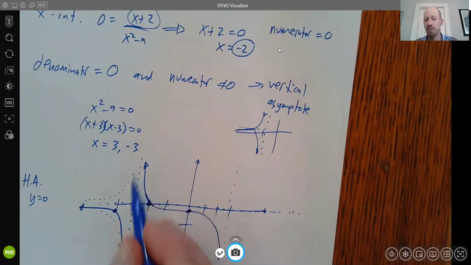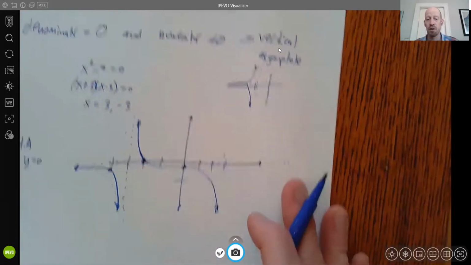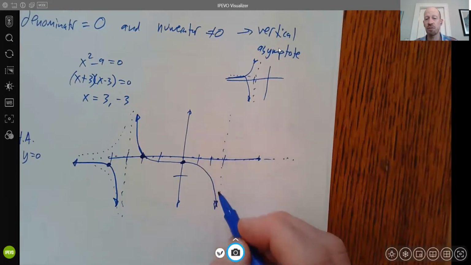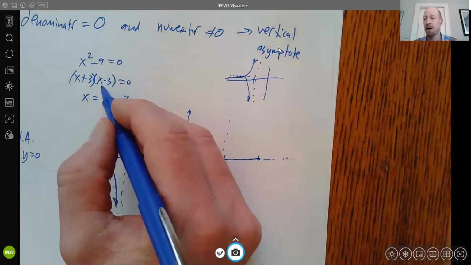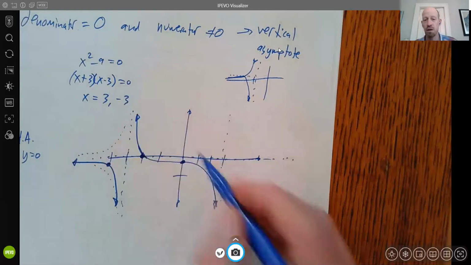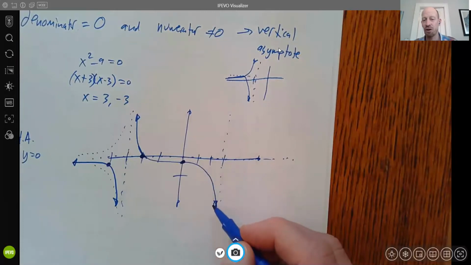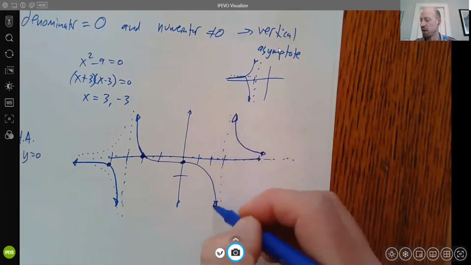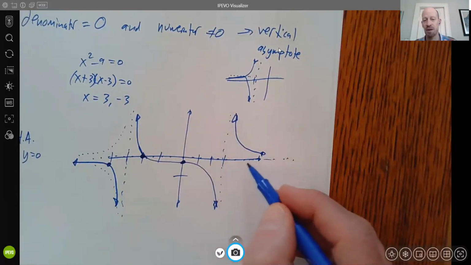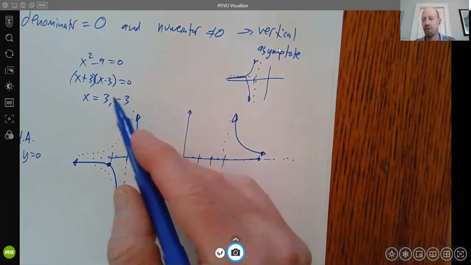So if one end is up, the other end will be down. Here we have the right side we knew was up, so the left side I knew was going to have to be down. Over here, this vertical asymptote comes from the x minus 3 factor. The x minus 3 factor has a multiplicity of 1. I know it's going down on this side. That means it's going to be coming from the top on the other side. It flips. It can't come from the bottom there because of that vertical asymptote.